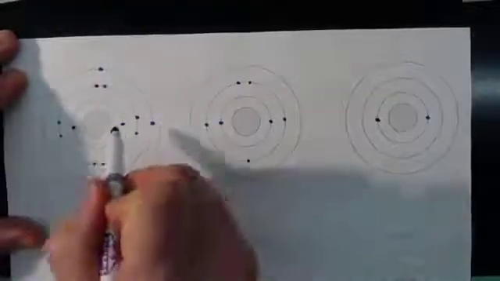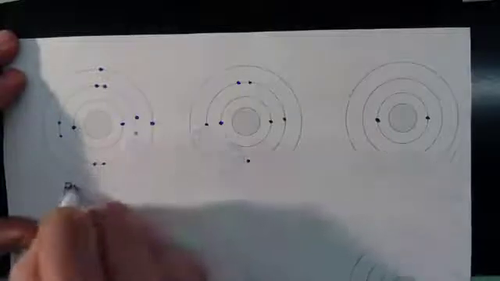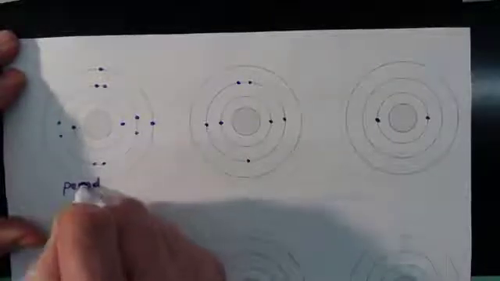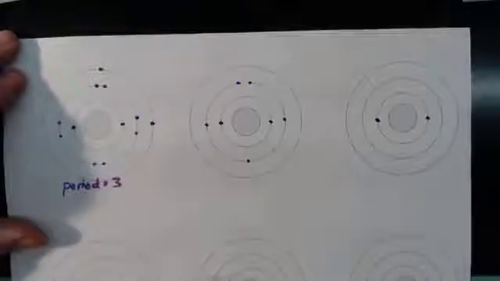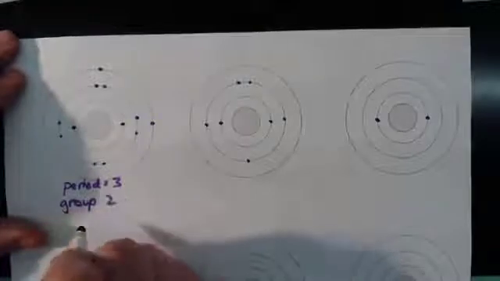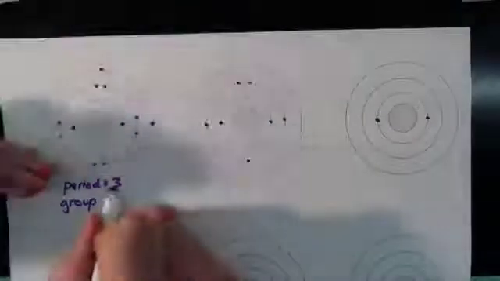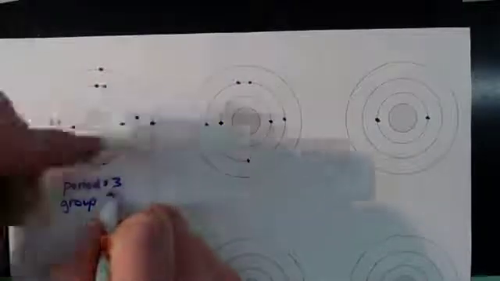When you look at this one, you would say, okay, it has 1, 2, 3 orbitals, so it's in period 3. And on its last shell, it has 2 electrons, so it's in group 2, right? Along the left to right, sort of the up-down, it's in the 3rd level, because it has 3 levels.